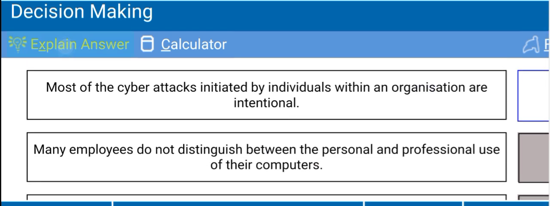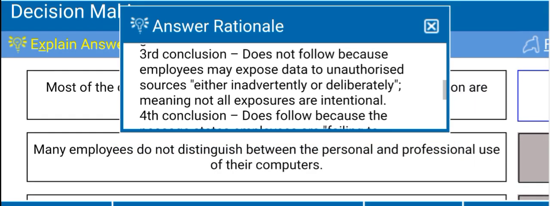Fourth conclusion, which says many employees do not distinguish between personal and professional use of their computers.